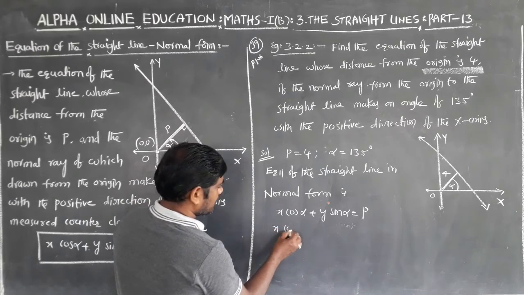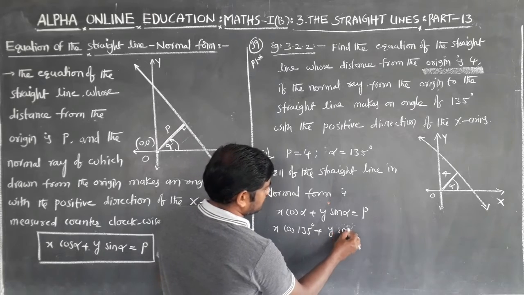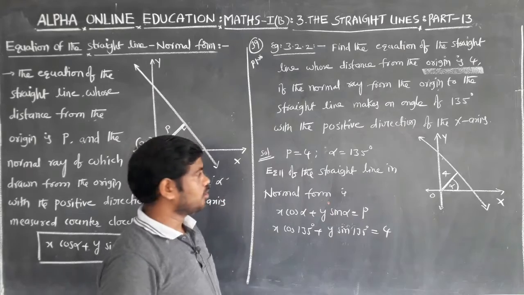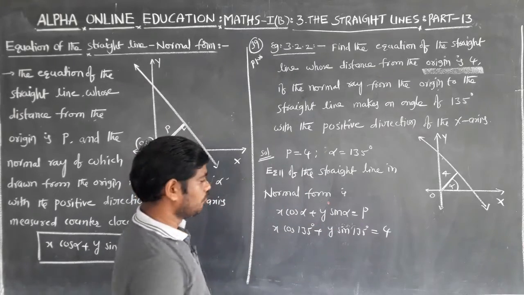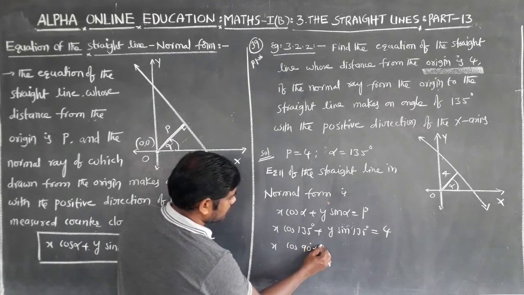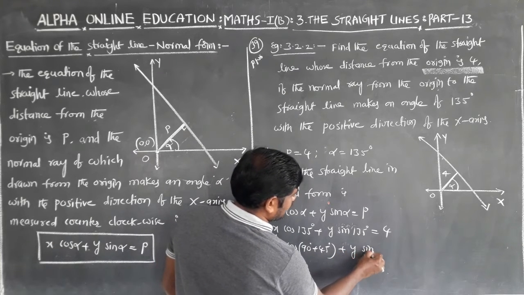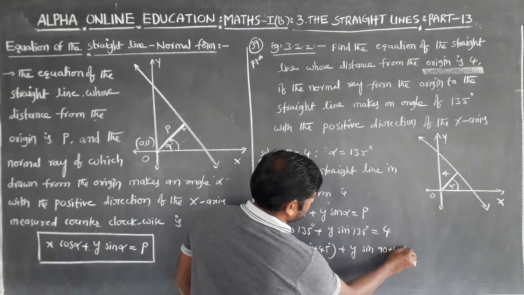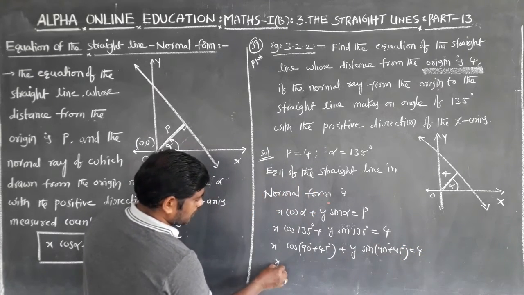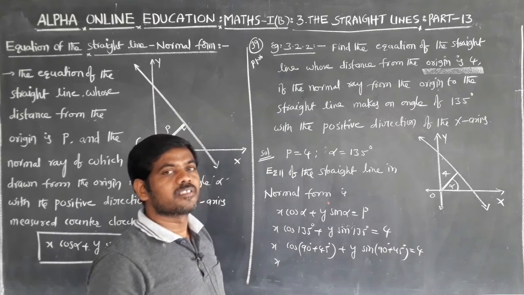x into cos 135 degrees plus y into sin 135 degrees is equal to P, P is equal to 4. x into cos 135, write 90 plus 45, plus y into sin 135, write sin 90 plus 45, is equal to 4. x into cos of 90 plus theta. 90 plus means second quadrant.